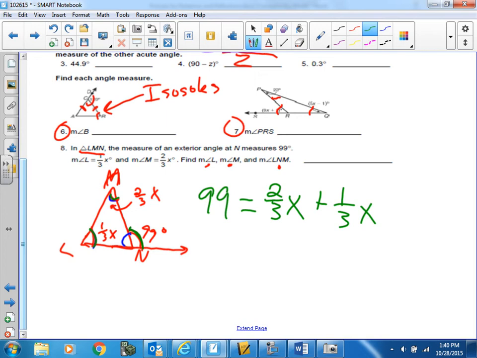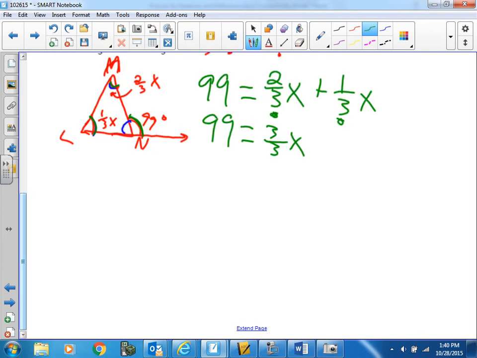Alright. So let's solve this. 99 equals, we can combine these like terms. 2/3 plus 1/3 is just 3/3 x. We know that 3/3 is equal to 1, so 99 equals 1x. So we've already solved it. Pretty easy. X equals 99.